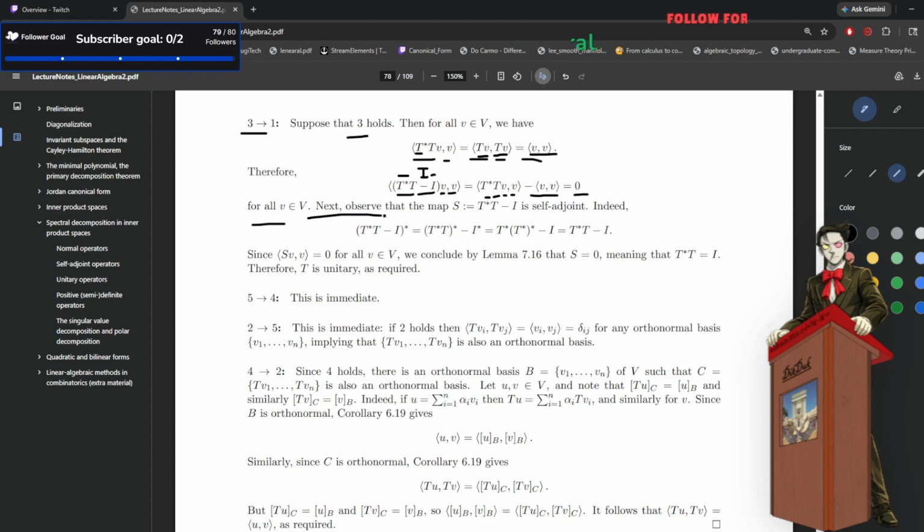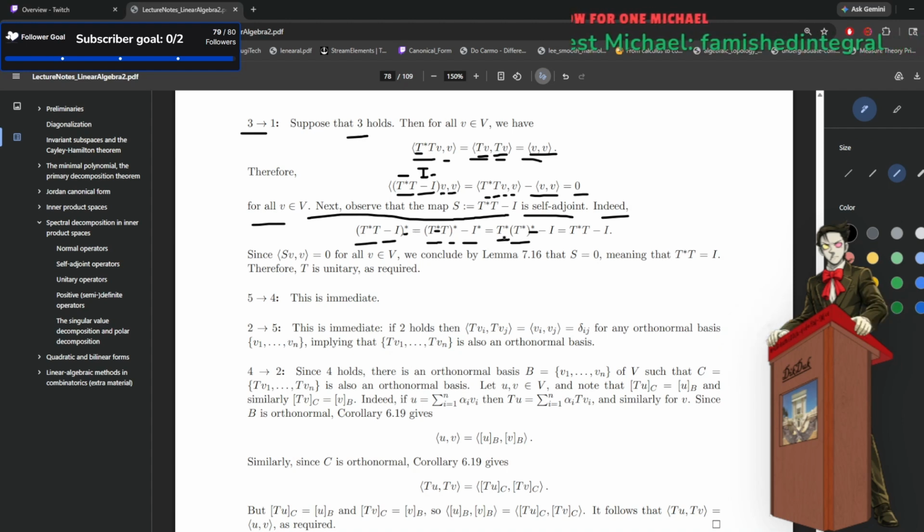Now, next observe that the map S defined as T*T minus I is self-adjoint. Indeed, (T*T - I)* is T*(T*)* minus I*, which is going to give you T*T minus I, because you're going to star the star, and then you get your T back.